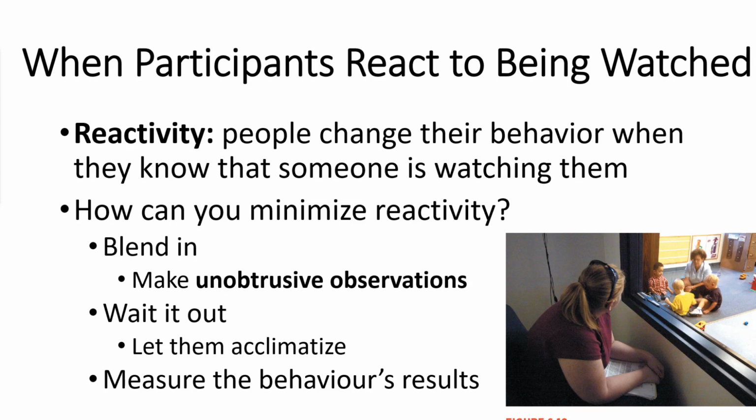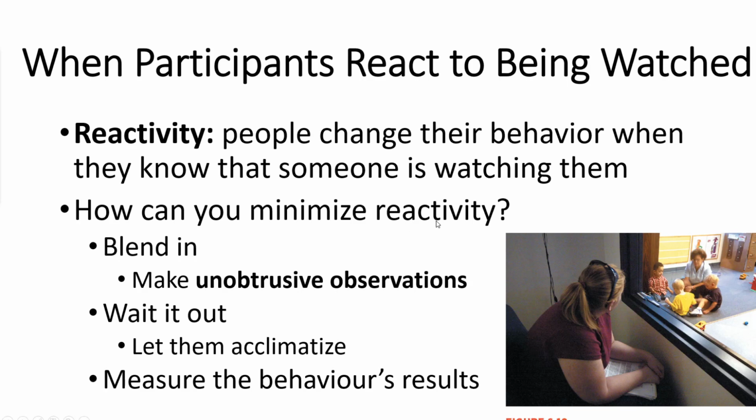Or if you're handing out snacks, maybe you're going to give everyone an equal share because the teacher is watching. So this reactivity means that when we're observing people, we aren't necessarily getting a good measure of their natural behavior. We're only getting a measure of their behavior when they know they're being watched.